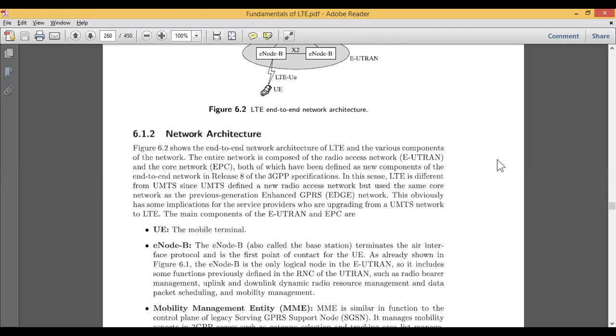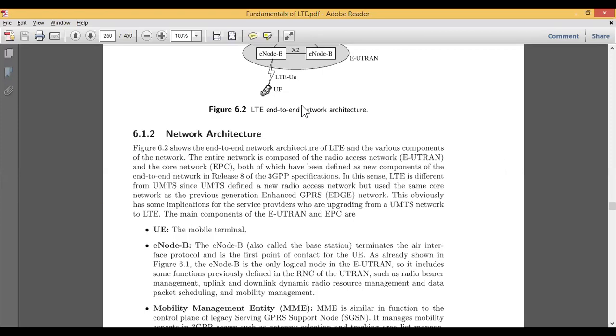The E node B in this particular architecture is also called a base station, or simply an exchange. So the E node B can act as a base station, or it can simply be an exchange. It is used for the termination of the air interface protocol, and it is the first point of contact to the user interface.